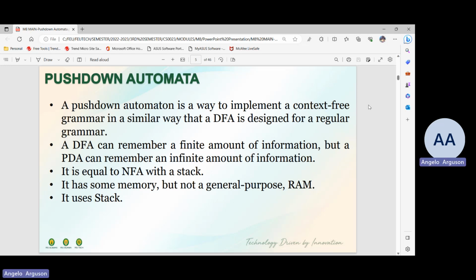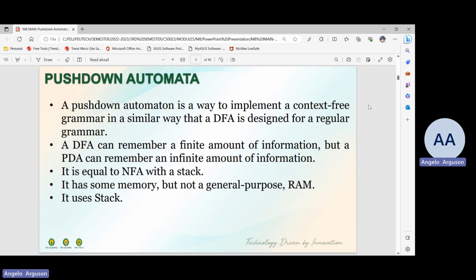A pushdown automata is simply an NFA augmented with external stack memory. The addition of stack is used to provide a last in first out memory management capability to pushdown automata. Pushdown automata can store an unbounded amount of information on the stack. It can access a limited amount of information on the stack.